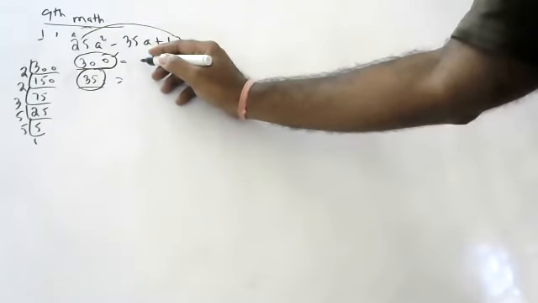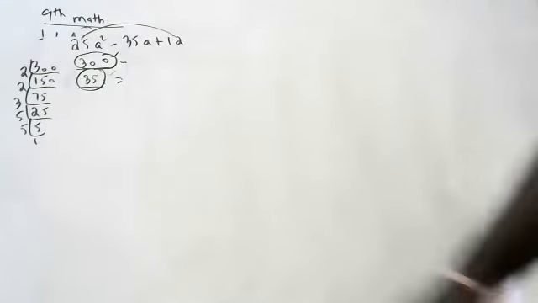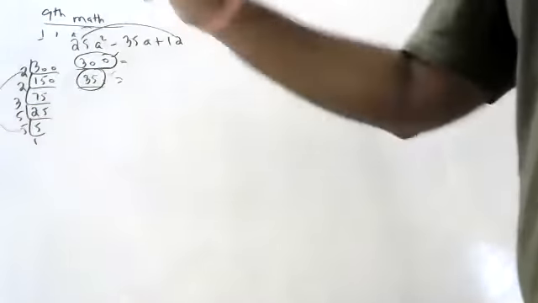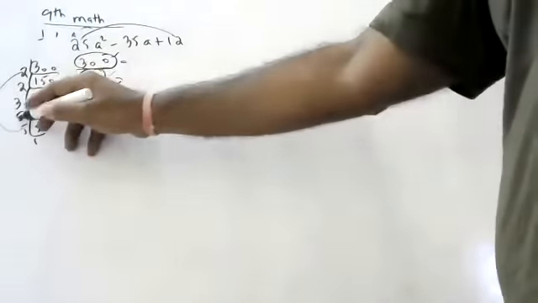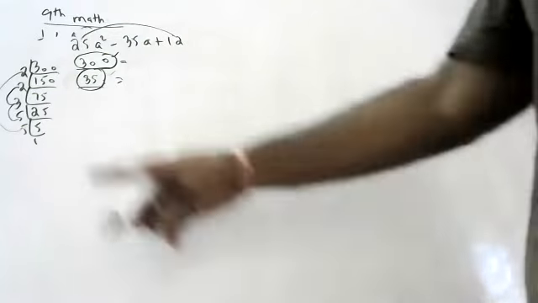No, 25 and 12 is 37, but I want 35. Anyone want to say or shall I tell? 5 2s are 10, 5 3s are 15, 15 2s are 30. 5 2s are 10, 10 2s are 20.